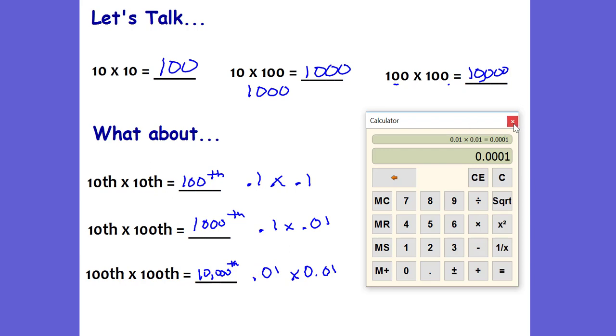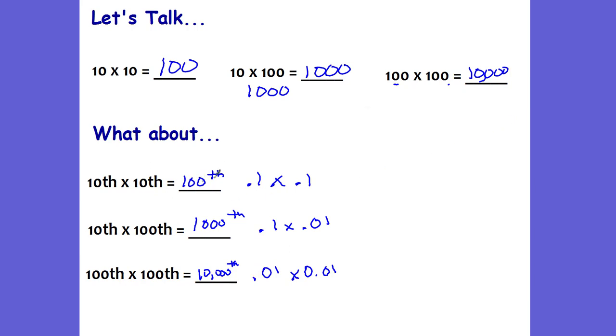Now, there's something pretty neat. I don't know if you noticed or not. Oops, I didn't write the answer, did I? This one was a thousandth, and this one was 10,000ths. Okay, I don't know if you noticed or not, but when we multiply these two factors together, the tenth times the tenth, they each have one decimal place value.